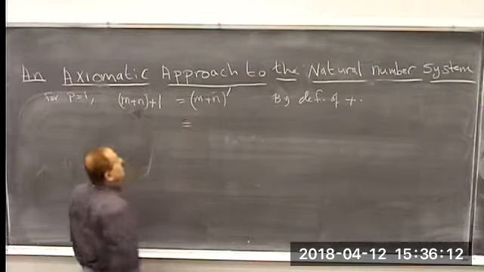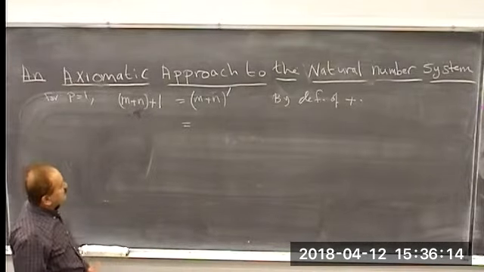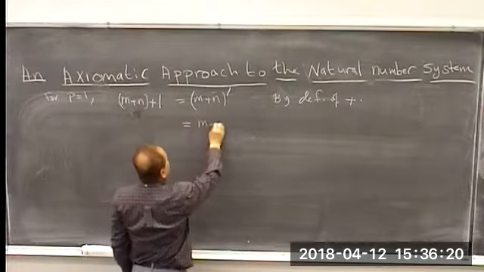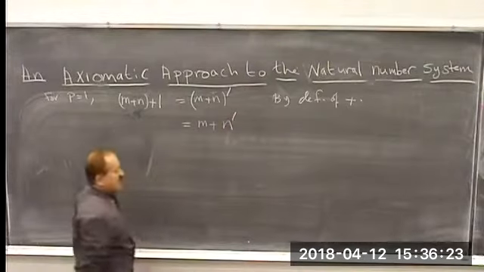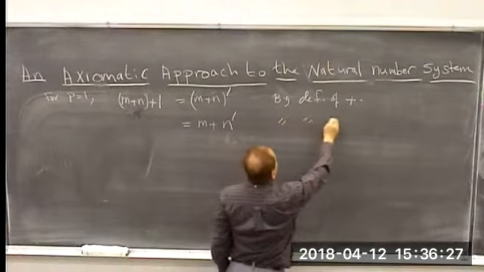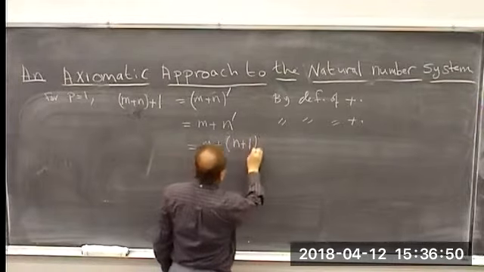Now, the successor of M plus N, I can also write as M plus the successor of N. Again, this is by definition of addition. Same thing. Now, this is equal to M plus, the successor of N I can write as N plus 1.